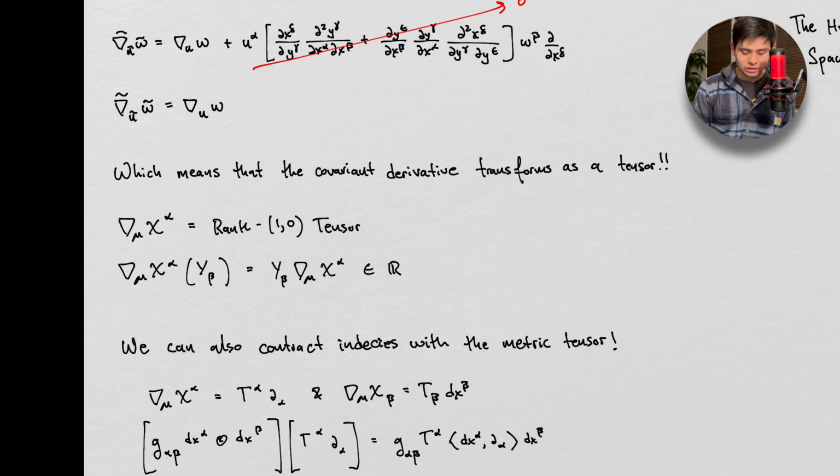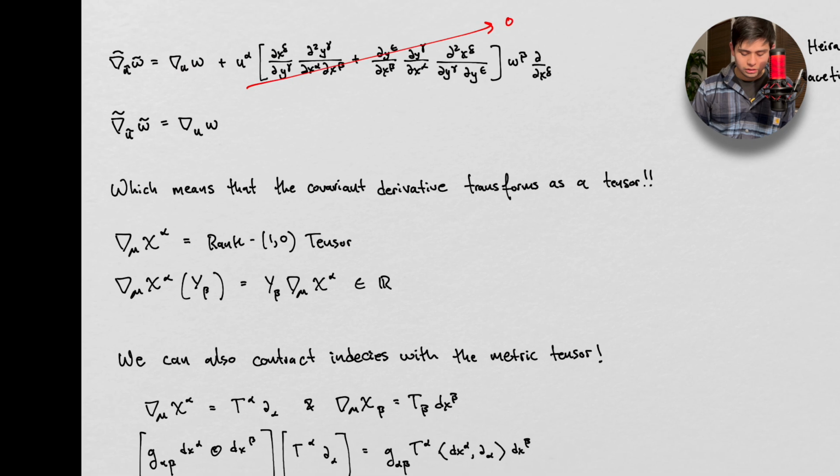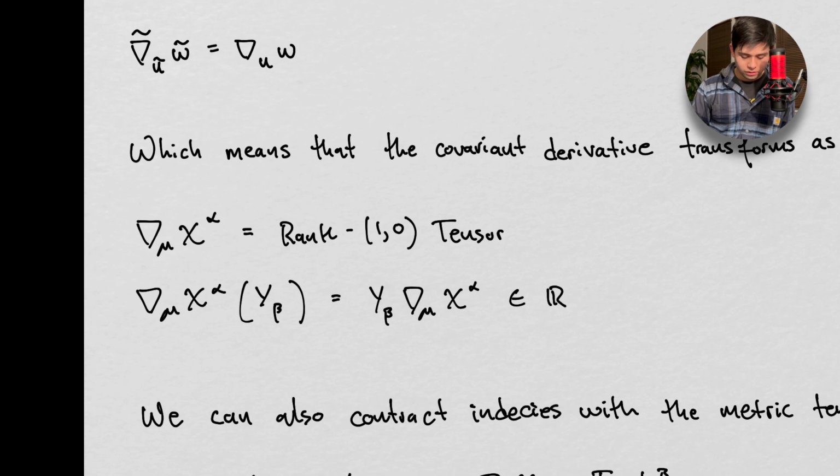Because again, tensors are things that uniquely are invariant under, or not invariant, right? They have a unique transformation under a coordinate transformation. And so given that this thing is actually invariant under a coordinate transformation, we could say that this is a tensor, right?